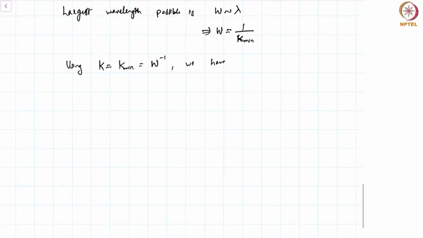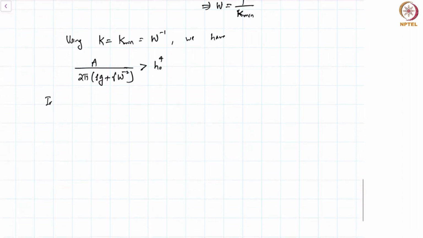So now using k minimum is W inverse, our criteria essentially becomes A by 2 pi rho g plus gamma k square, where gamma k square essentially becomes gamma W power minus 2. This has to be larger than H0 power 4. Okay. Or now we have instability.